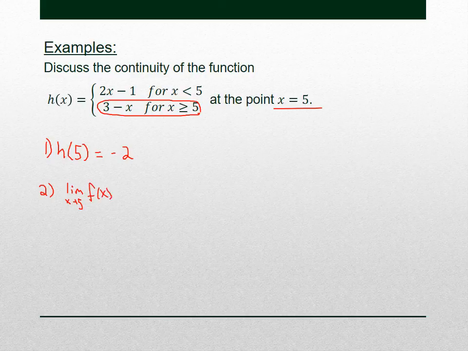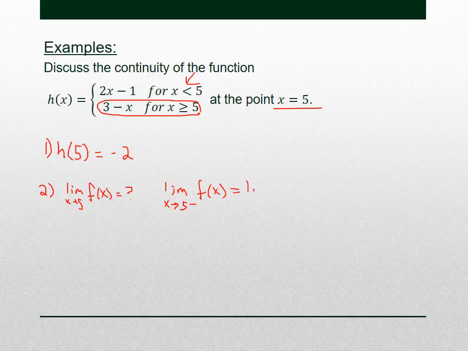To find that, we'll need to do the left-hand and the right-hand limits and see if those are the same. So let's check the limit as x approaches 5 from the left of f of x. Coming from the left means that we're talking about values that are less than 5, so we're going to use the top line.